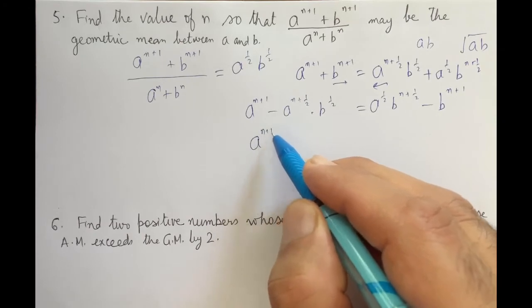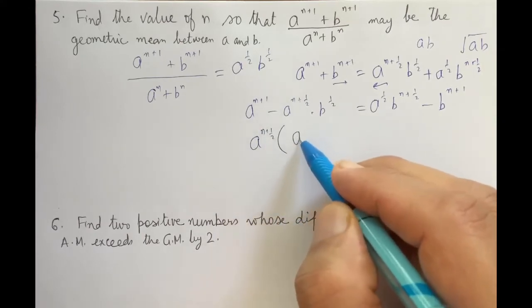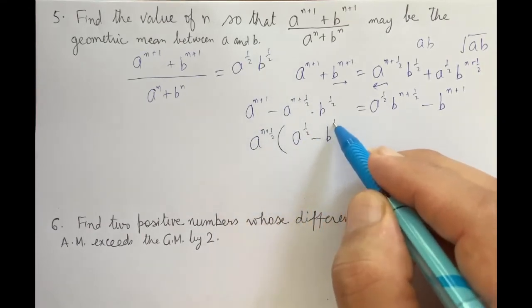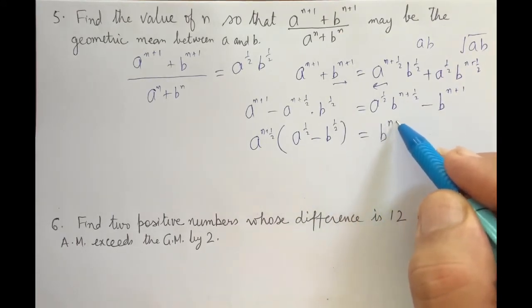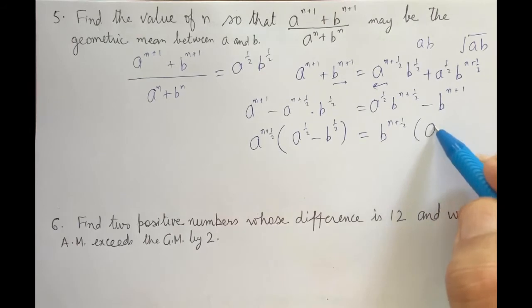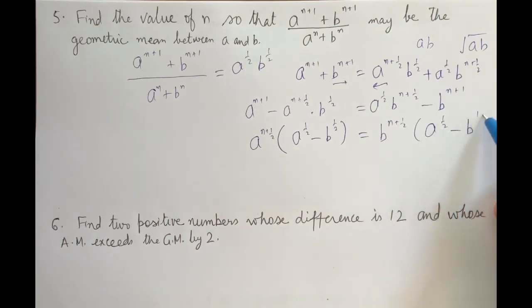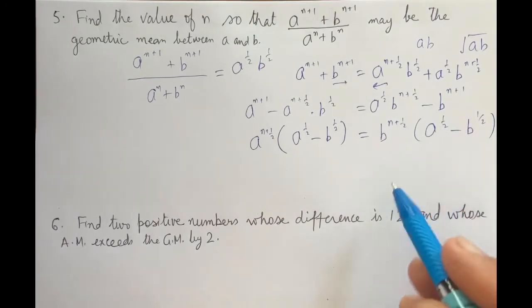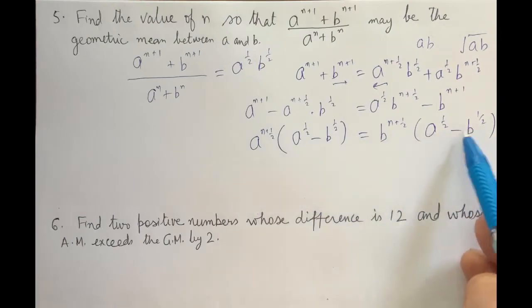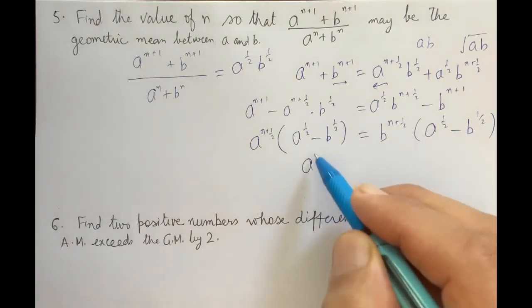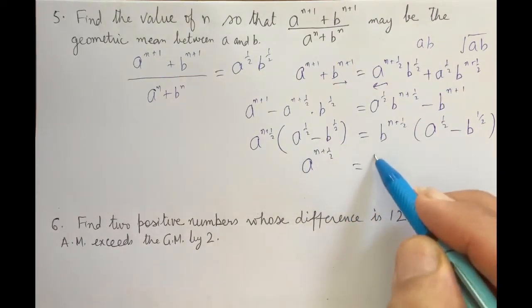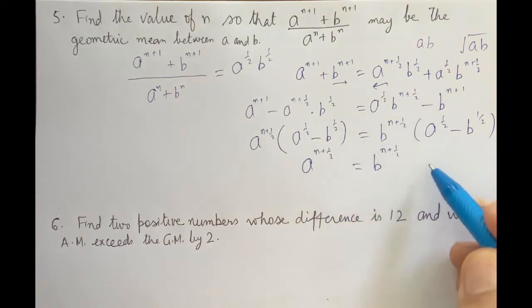Taking a raised to n plus 1 by 2 common, inside we have a raised to 1 by 2 minus b raised to 1 by 2. And here taking b raised to n plus 1 by 2 common, a raised to 1 by 2 minus b raised to 1 by 2. So since we can cancel these out, a and b being different numbers, we get a raised to n plus 1 by 2 is equal to b raised to n plus 1 by 2.